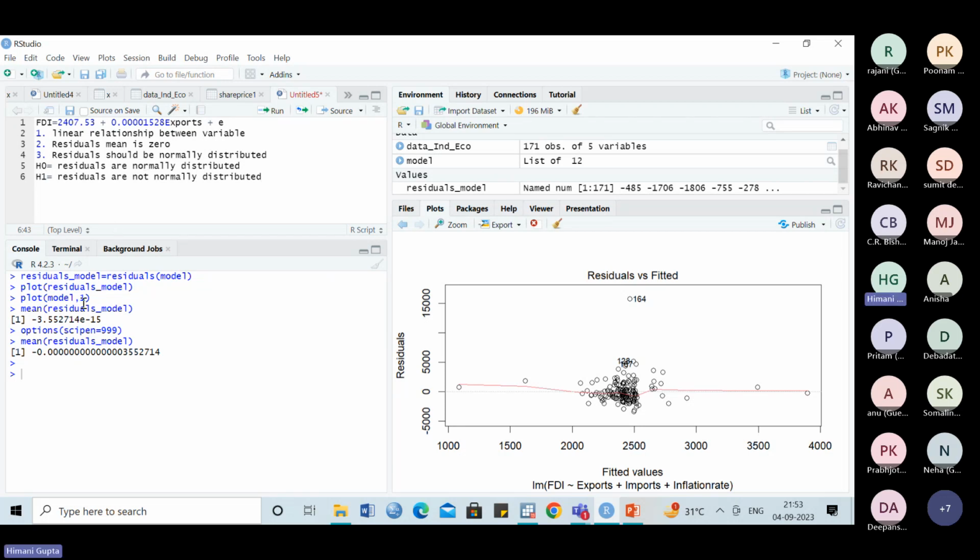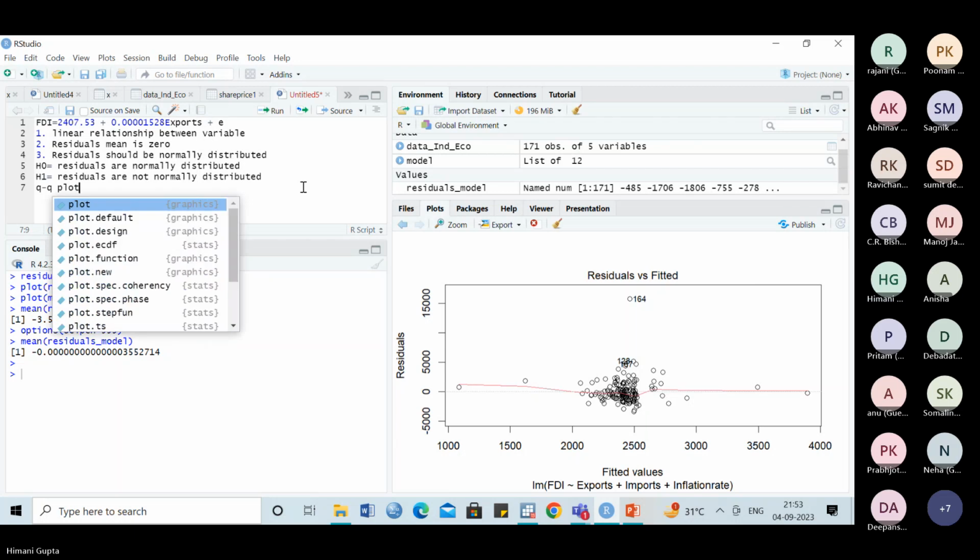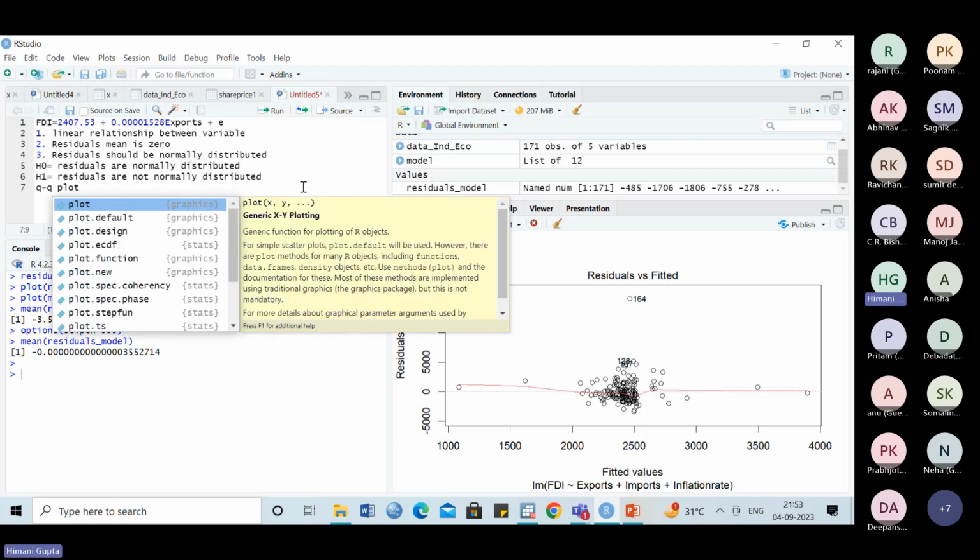To see whether residuals are normally distributed, we make a QQ plot, a quantile plot. If all the residuals lie on a straight line in the QQ plot, then my residuals are normally distributed, and if they diverge from the line, then they are not normally distributed.